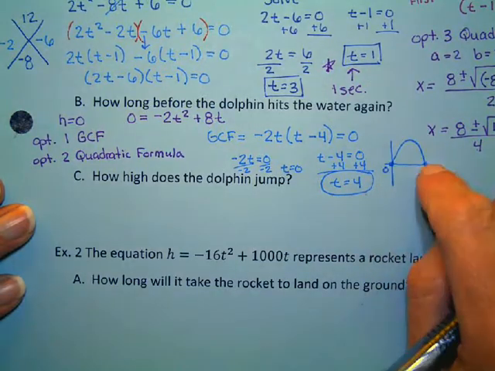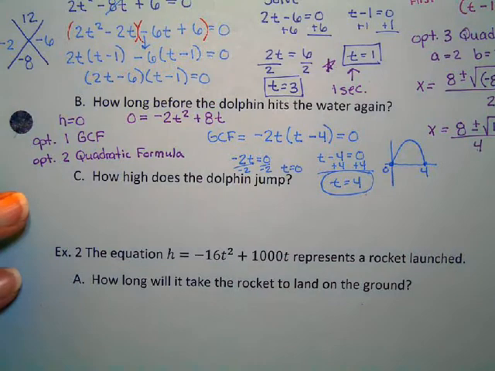How high does the dolphin jump? Well, that's a good question. That refers back to figuring out, okay, we know that at 1 second and 3 seconds, it was at a height of 6 feet.